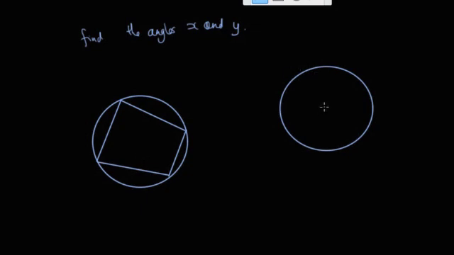And this one starts with the origin, and it goes down to here. So in this one, our origin is here, and this is angle X, and this is 116 degrees. And here, this is angle Y, up there, and this is 96 degrees.